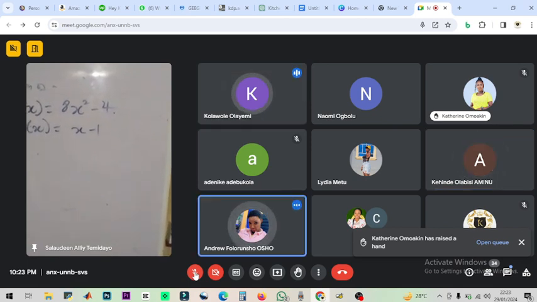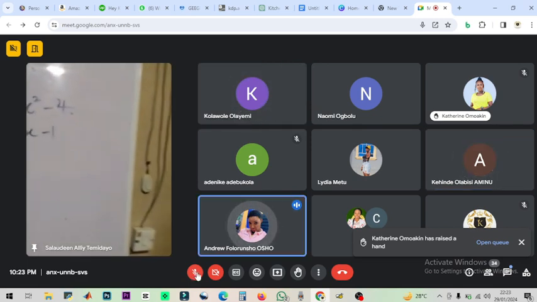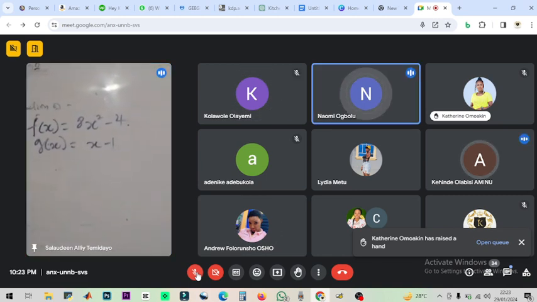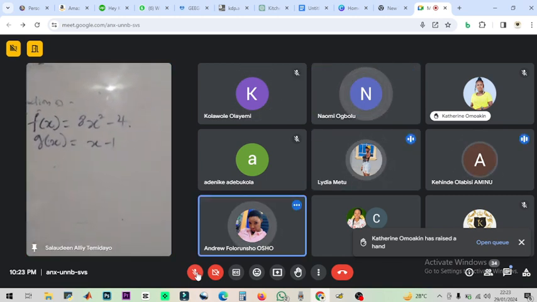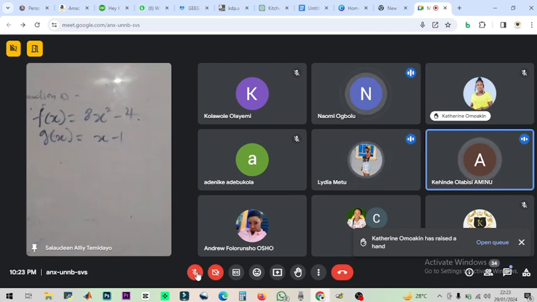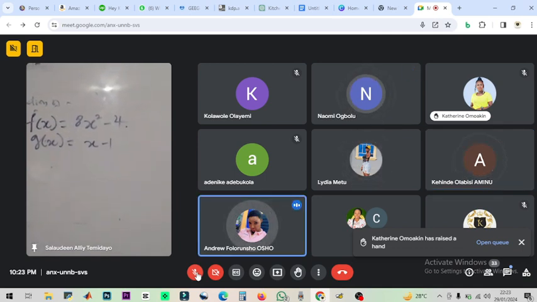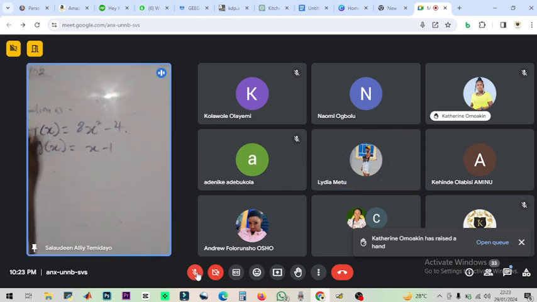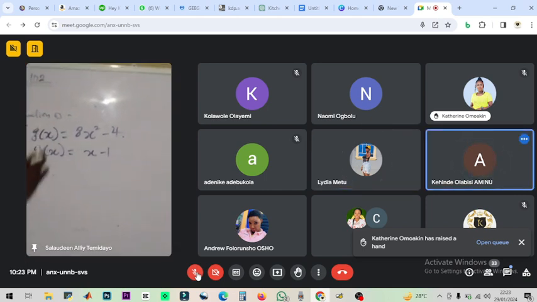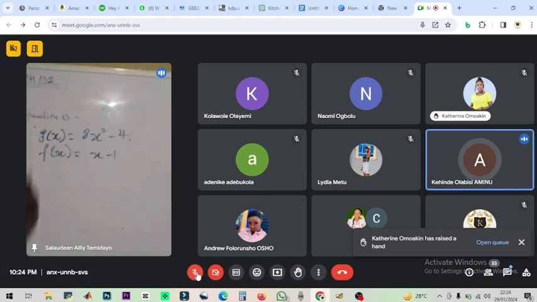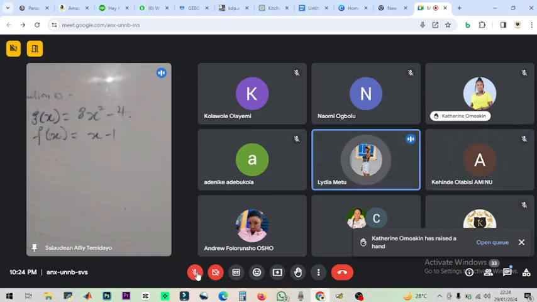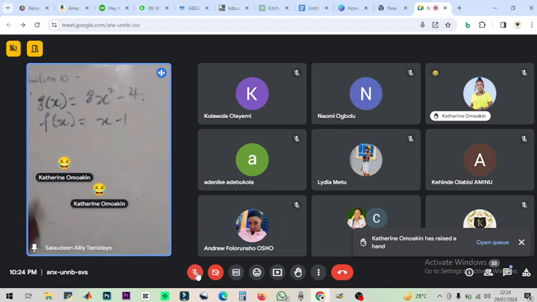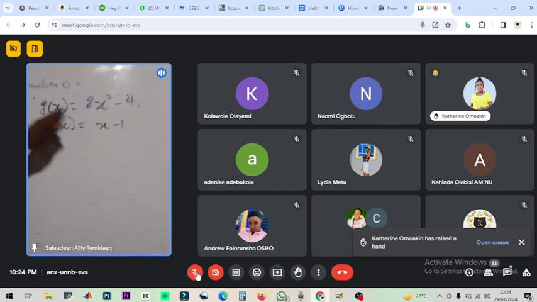That's the question. The g should be up, f should be down. Well done. G of x equals 8x squared minus 4.